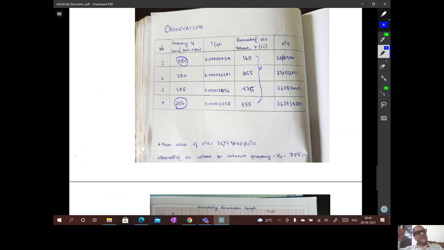We are not going to evaluate a lab report based on the numerical values you get. For example, if somebody is doing a simple pendulum experiment, with 2 pi into square root of L by g, and measuring the period of oscillation of the simple pendulum, you have to evaluate the value of g.